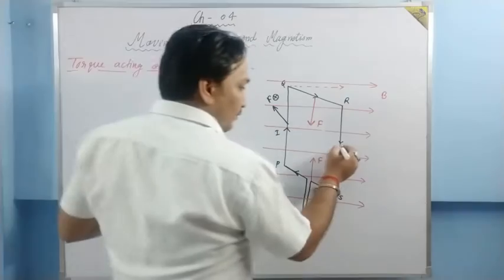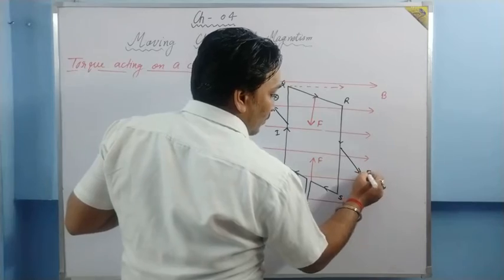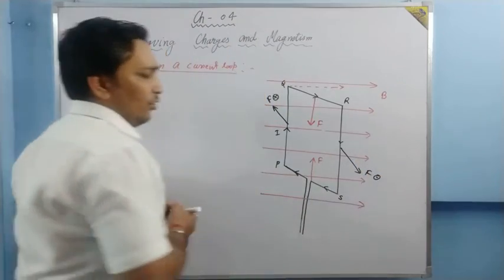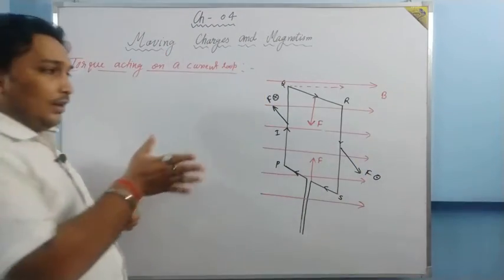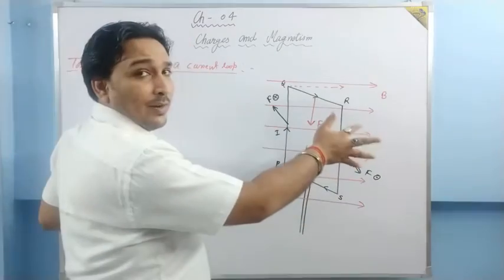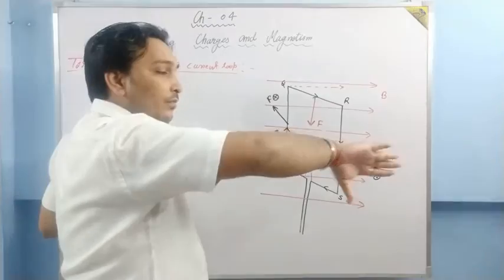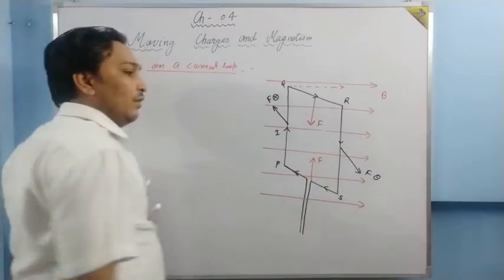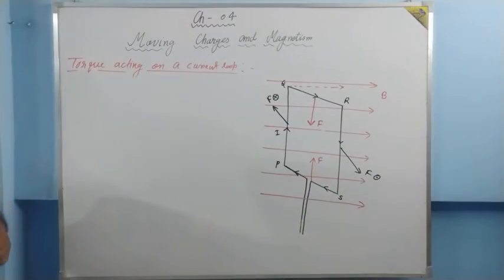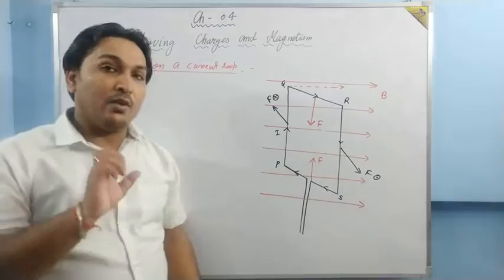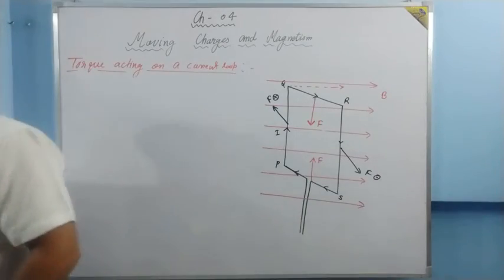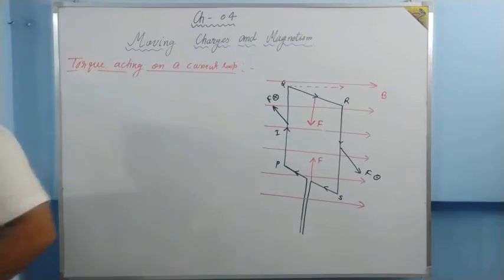For this side, the force will be outward because direction of current is just opposite. You can apply also: all these fingers in the direction of magnetic field, thumb in the direction of current, the palm face is outward. So basically force on this will be outward. These two forces will make rotation of the coil.